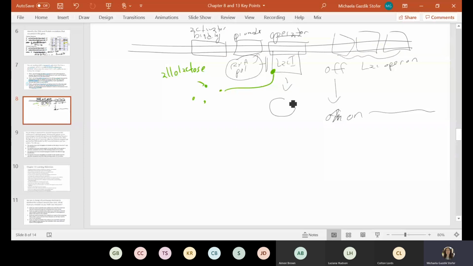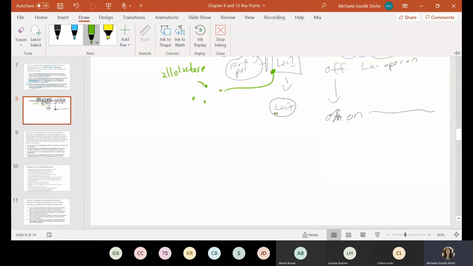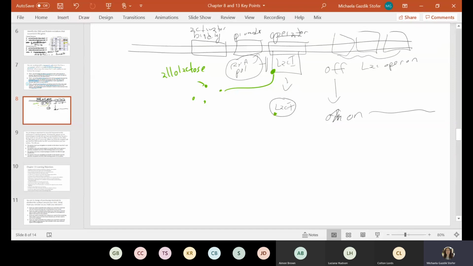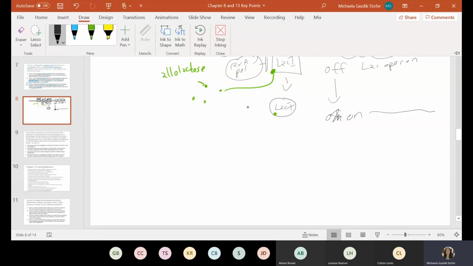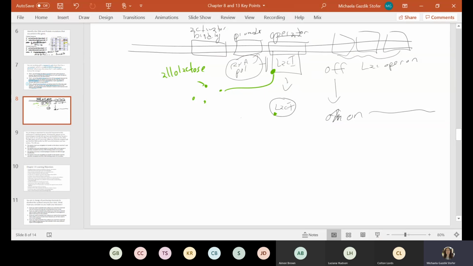So our LAC-I changes conformation, and it can no longer bind the DNA. It's removed from the whole process. And when we remove the LAC-I, now RNA polymerase is able to get through and do the transcription, we turn it on. So that's what's supposed to happen.